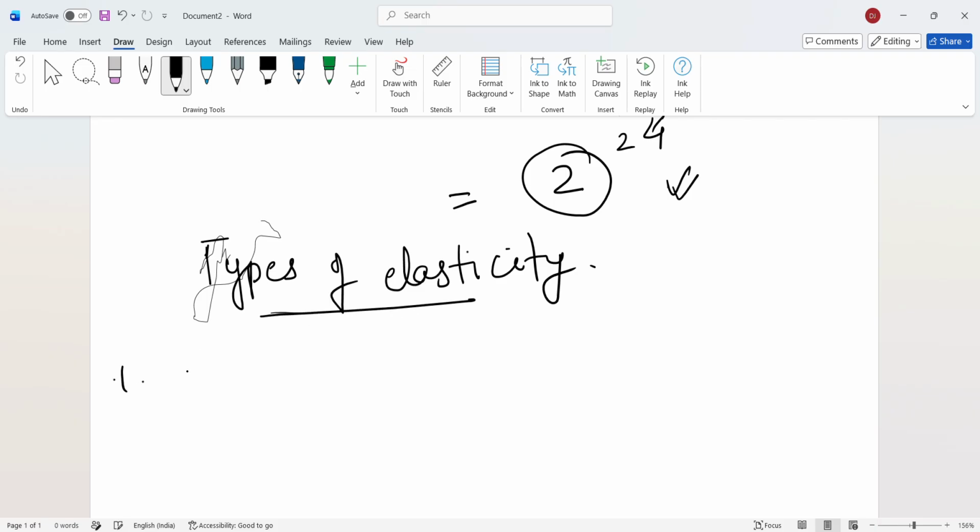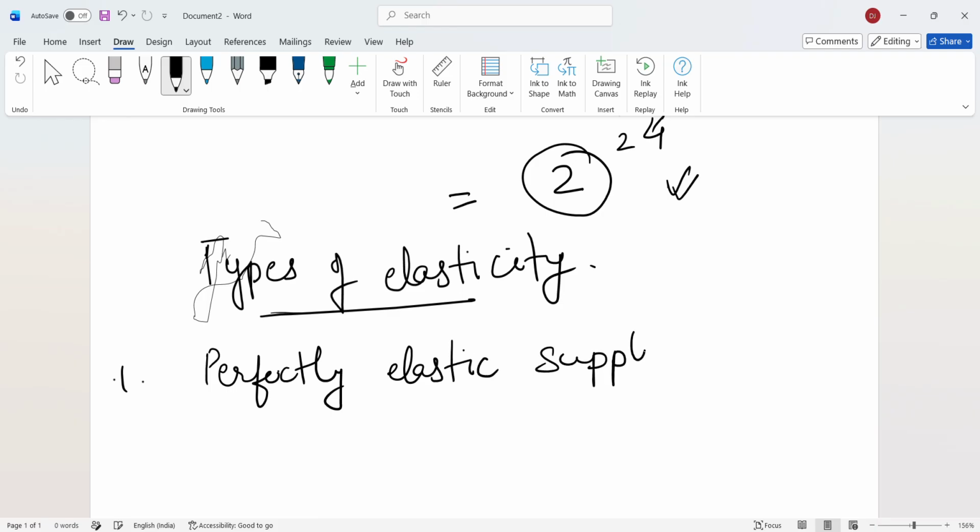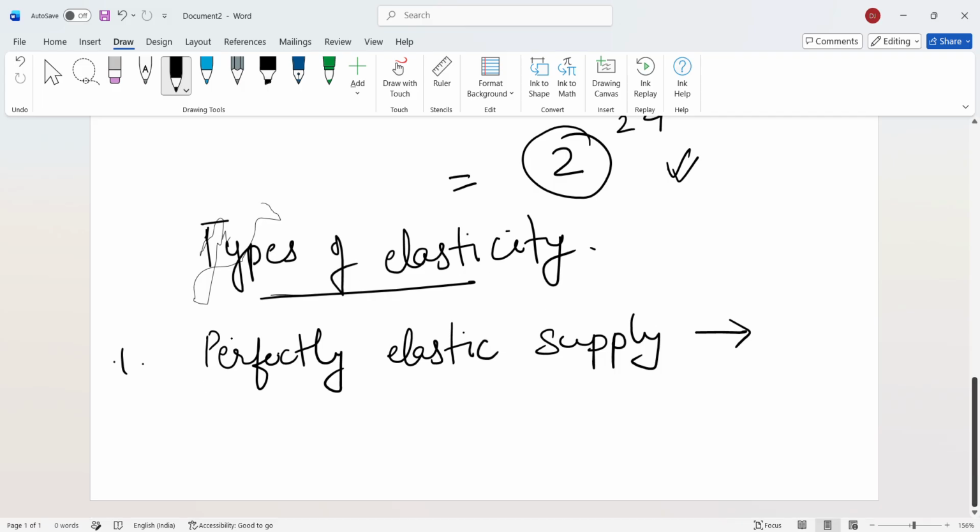The first one I'll start with is perfectly elastic supply. Perfectly elastic supply basically means that with a given change in price, the quantity supplied changes by a huge, huge quantum.